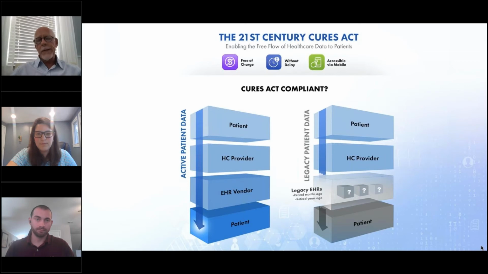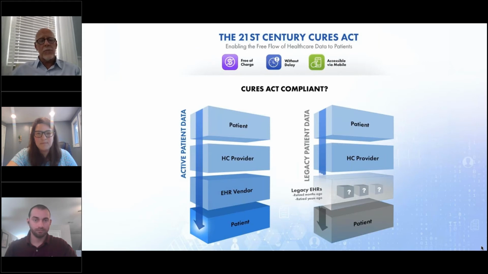So, rightly so, people have just kept those old platforms alive to continue to maintain access to those records for release of information purposes as is appropriate, right? That's going to be a bit of a sea change in the industry as a whole of how we deal with those legacy patient records.